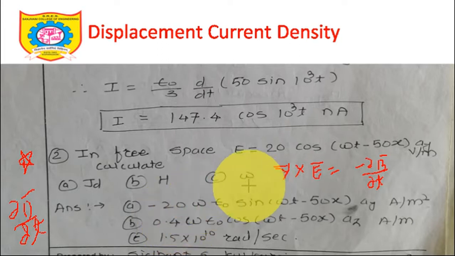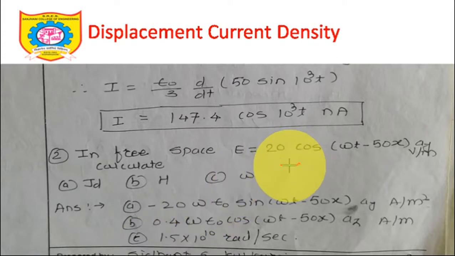Now in order to calculate omega, you have got H bar from equation number 2, you have calculated JD bar in equation number 1. So from equation number 2, once again calculate E bar by using second Maxwell's equation, del cross H bar is equal to, since it is free space condition, we can treat it as a dielectric.